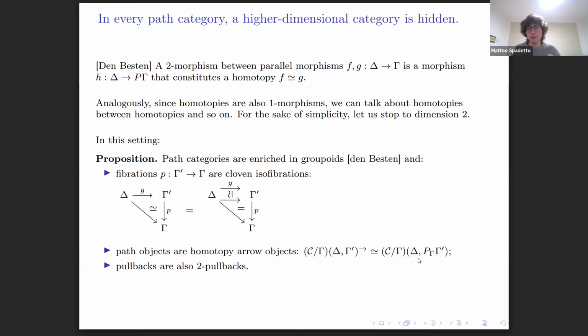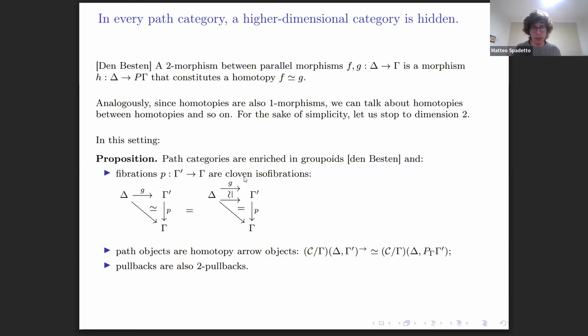Each one of them factors through a one-dimensional cell into a path object. And this factorization forms an equivalence of categories, which is natural in delta. This basically follows from our characterization of homotopies as sections of path objects. And finally, another categorical condition that you can obtain is that pullbacks are also two-dimensional pullbacks.